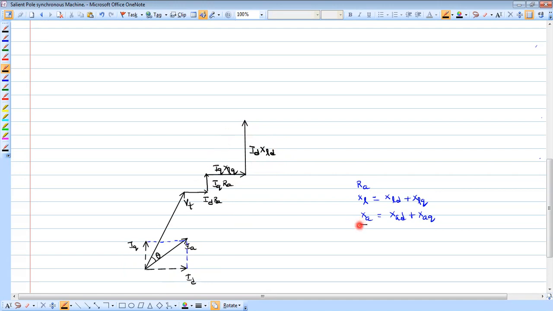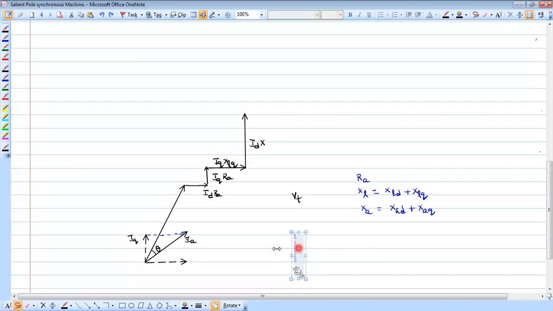Again, we need to represent the armature reaction drop. So first I'm considering the drop due to the direct axis.